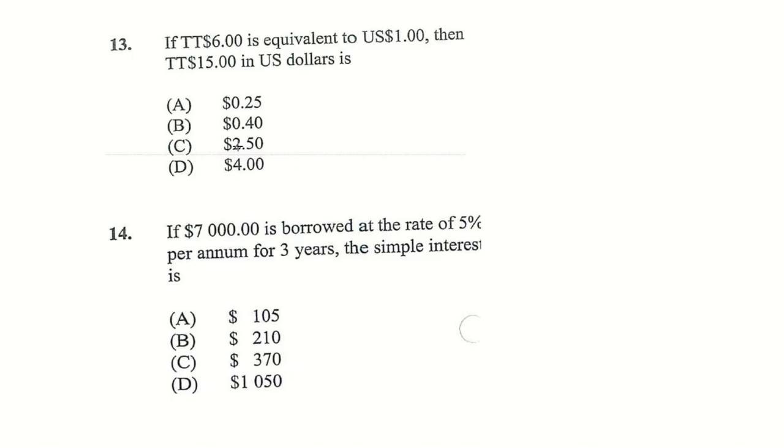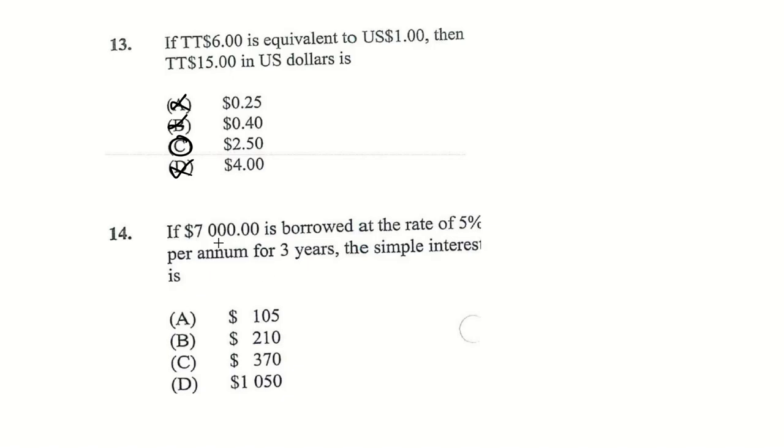So we know that $2.50 multiplied by 6, so most likely the answer is C. If you multiply these values by 6, which one will give you $15? C is the only one that will. If you multiply 4 by 6, 6 fours are 24, so it can't be D. It cannot be this, it cannot be this, it has to be C.